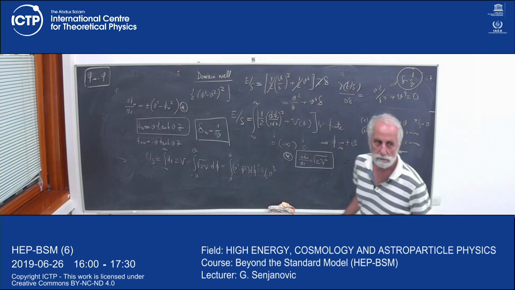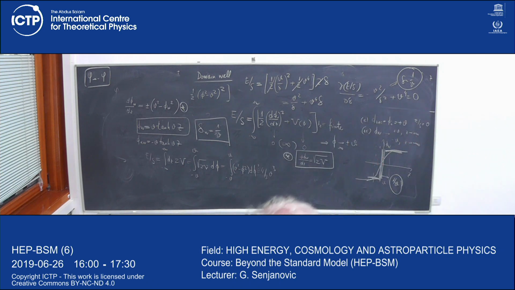We could have different vacuums and jump from one to the other. Can I have more vacua? Yeah, good question. Yes, in principle, why not? Maybe we can change the potential. If I have a higher power, I could have even more vacua, and even more interesting situations in which I could have charge.